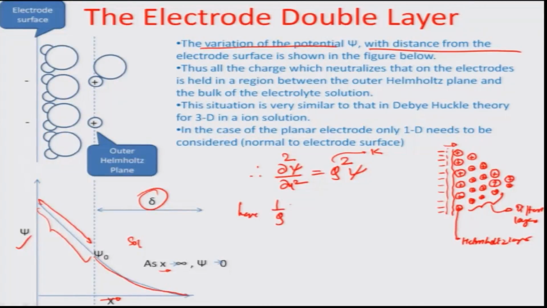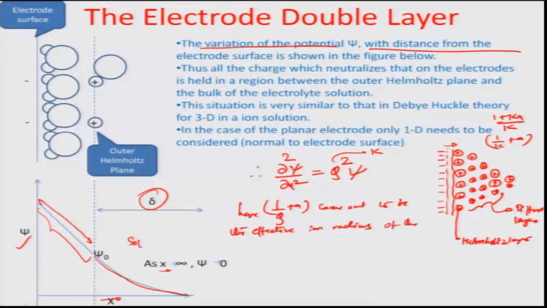And here the 1 by q plus k, if you may remember, we had called this as 1 by Ka divided by k, that is 1 by k plus a, as the effective ion radius, okay. So this came out to be the effective ion radius of the surroundings.